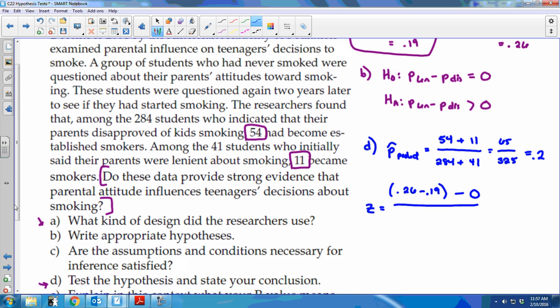Over the standard error, so we have the square root of 0.2 times 0.8 over 284 plus 0.2 times 0.8 over 41. Any questions about that?